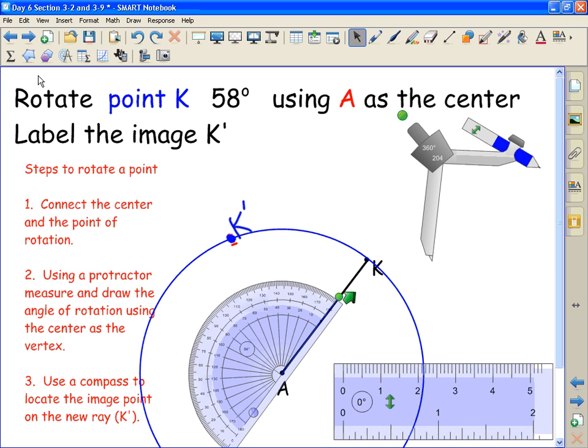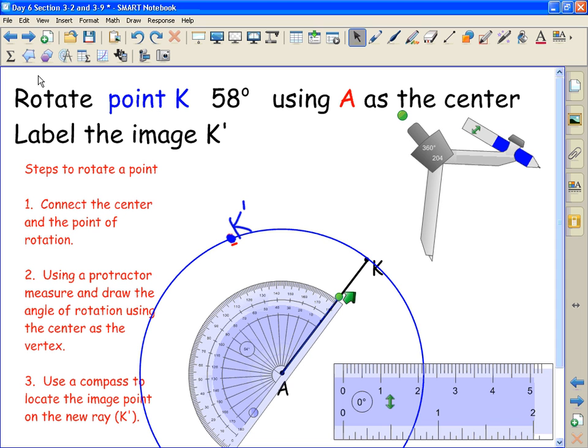The other option you can do here is you can measure your angle first and then draw a dotted line that goes through K, and then use your compass second to find where the point would intersect.